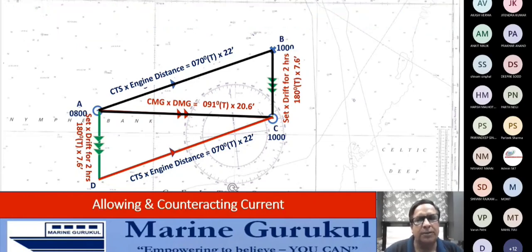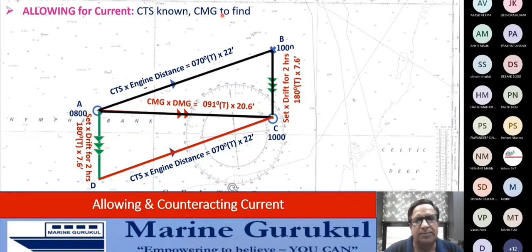One possibility could be that we are given the course to steer and we have to find the CMG. When the CTS is known and CMG is to be found, we refer to that as allowing for current. And whenever we have to allow for current, the triangle would be completed as represented by this triangle in the upper part of the parallelogram.